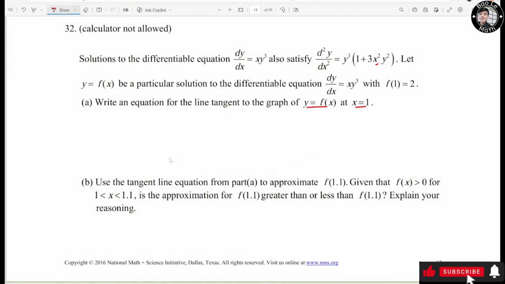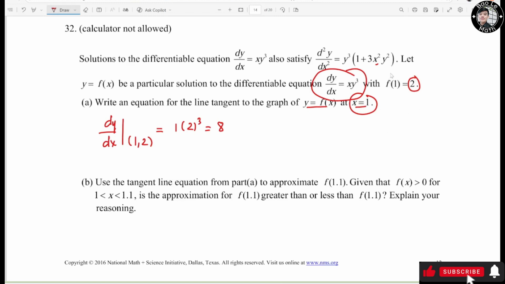Alright? Now, you need to find the slope of the equation of the tangent line first, right? So we have dy over ds at s equals 1, y equals 2, so point (1, 2), equals, using this one right here, 1 times 2 cubed equals 8, right?